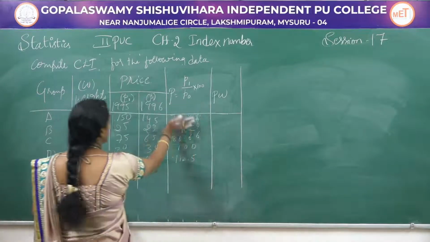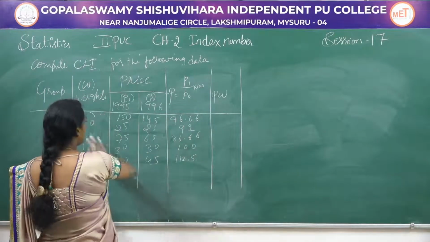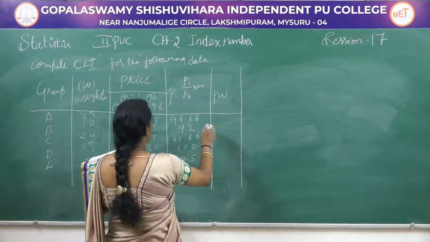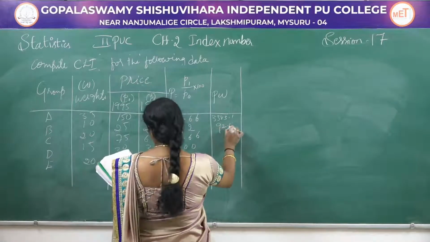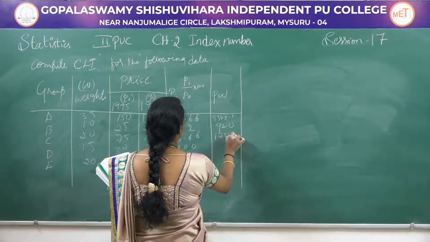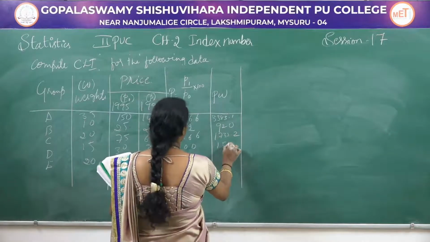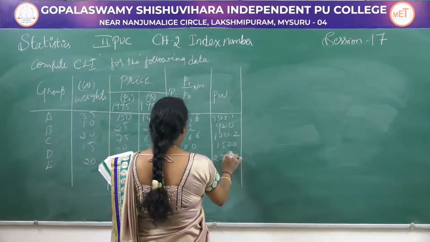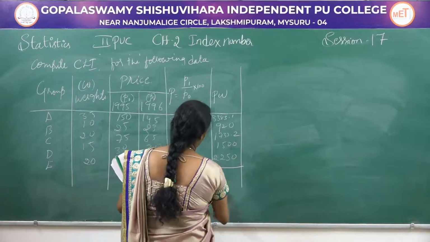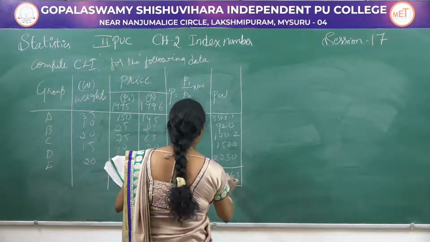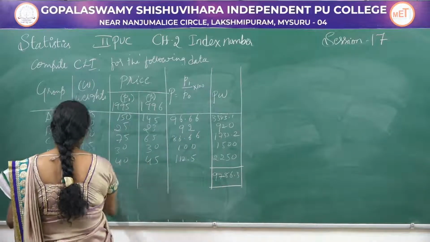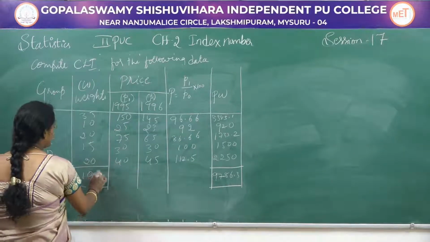Next take the product of P into W. P into W means price relative and the weight W. Take the product of these two. This is 3383.1, 920, 1733.2, 1500, 2250. Take the sum of this. This is 9786.3 and the total W is 100.